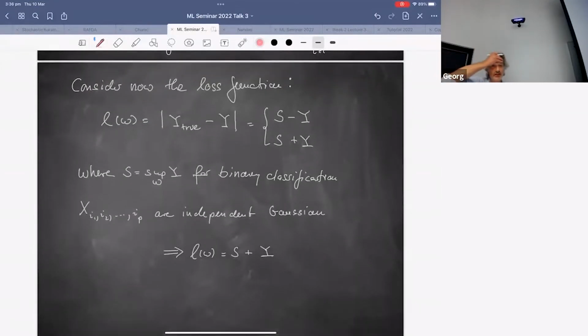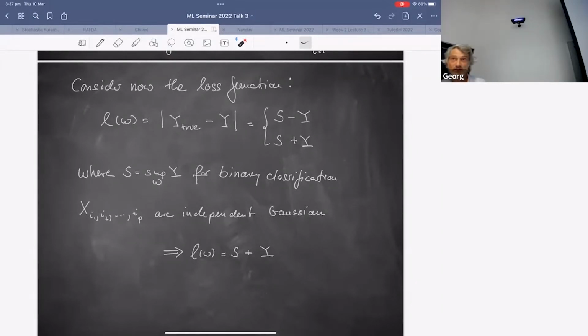So now consider the following loss function. Remember, we're doing binary classification where we just take the absolute distance between the true label and the output. Okay, so the true label can be s or minus s. I just flip the signs. And if I do binary classification, then I have to tune or normalize my y such that if I get the maximum output of my network, then that's either plus s or minus s.